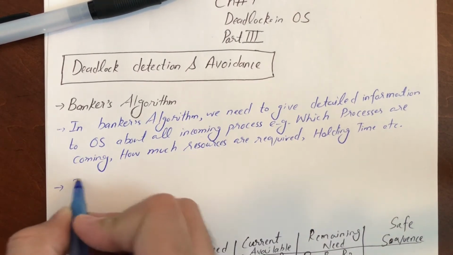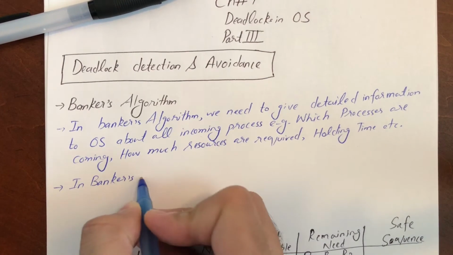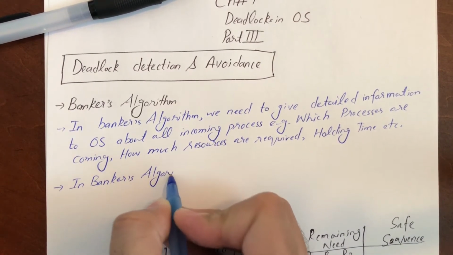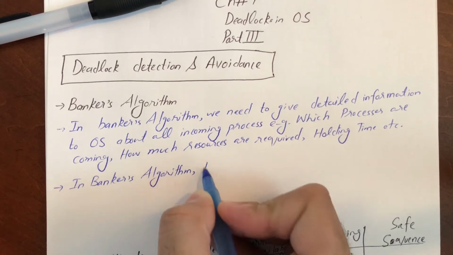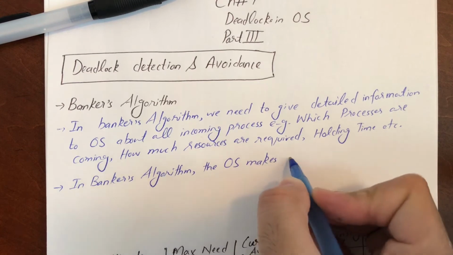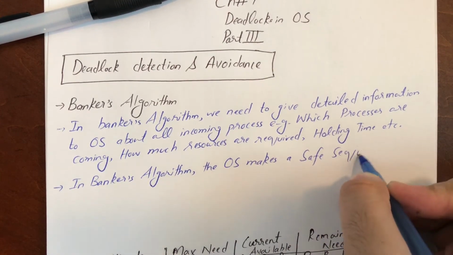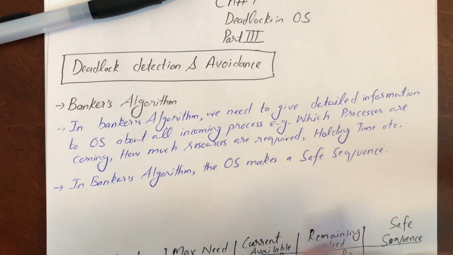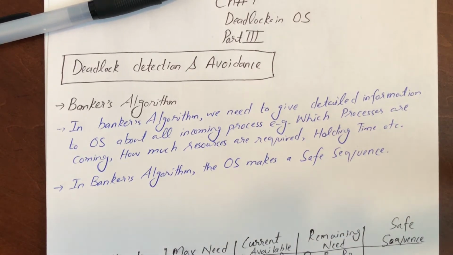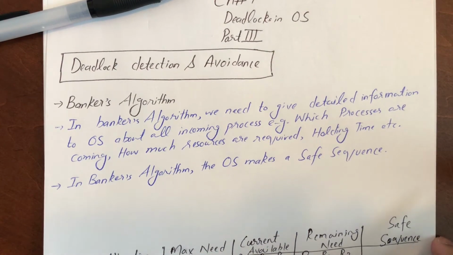In Banker's algorithm, what exactly do we do? The operating system makes a safe sequence. A safe sequence is basically a sequence in which I have to allocate the resources to different processes.